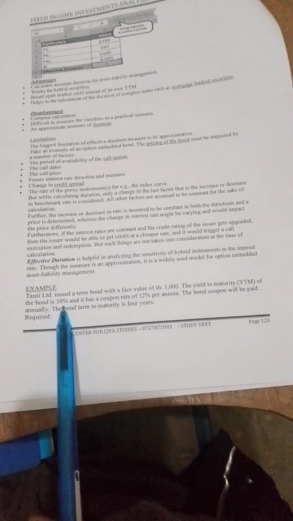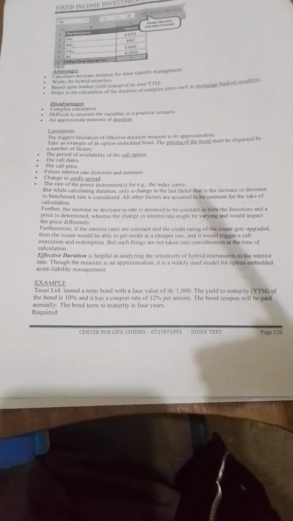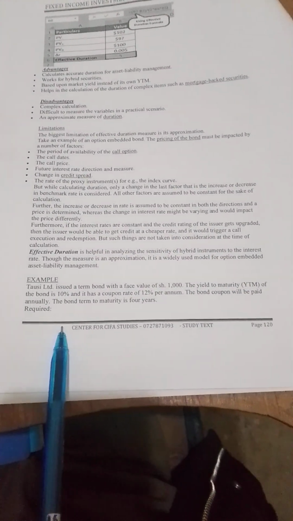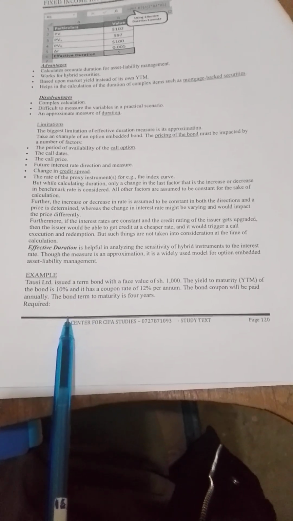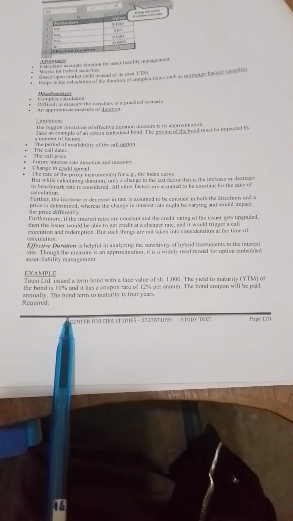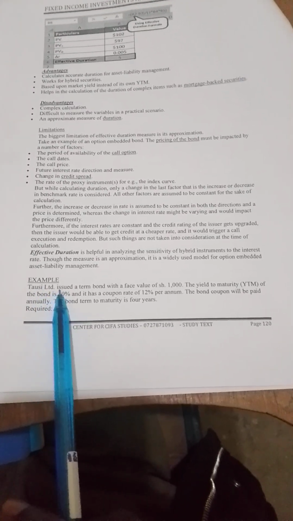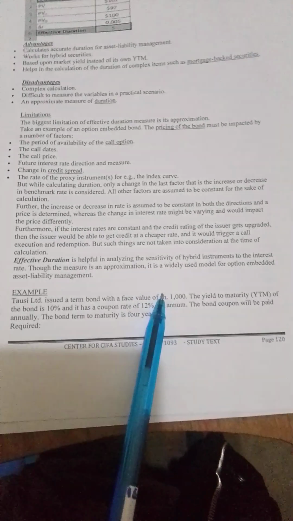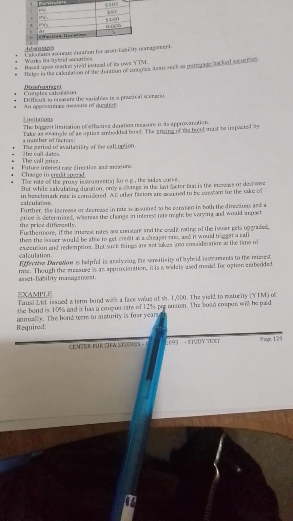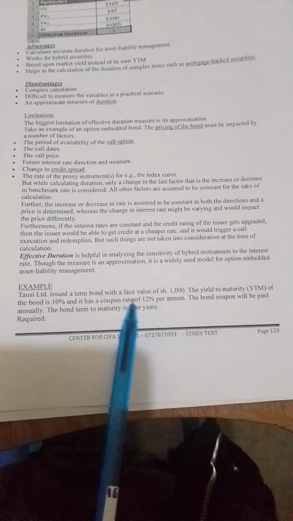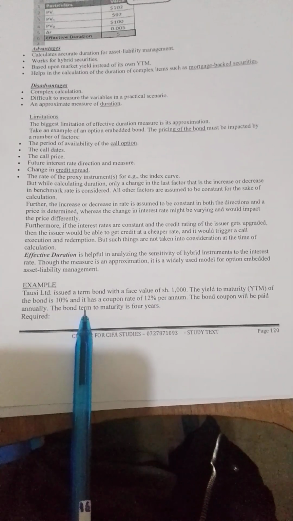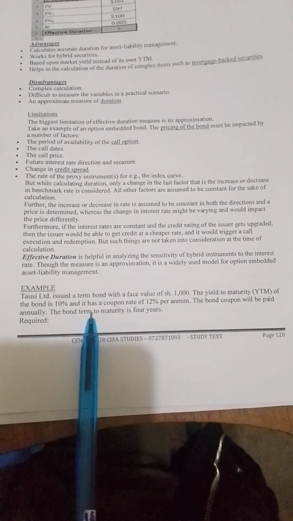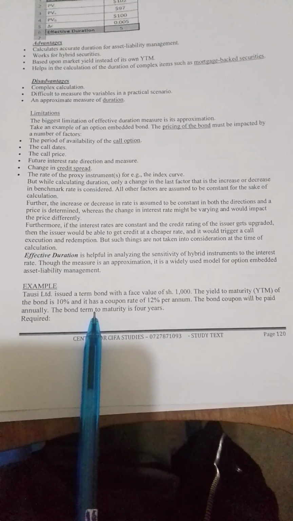Back to the question, it is on page 120. As I read the question, you can just write it somewhere because I'll be moving to the next page, page 121. Tausi Limited issued a term bond with a face value of shillings 1,000. The yield to maturity, that is YTM, of the bond is 10%, and it has a coupon rate of 12% per annum.